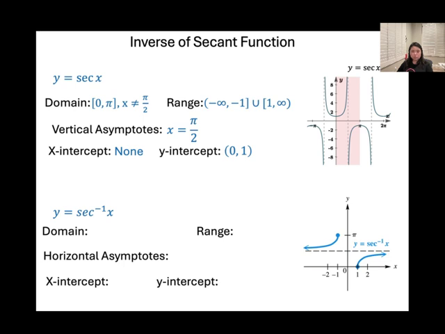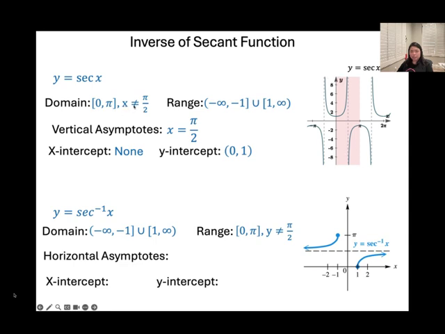Okay, what is the inverse function of the secant x? What is the domain? You could copy it from the range here, right? That will be my domain. And then the range, I'm gonna copy from the domain here. We only need to change that. For y equal to secant x, we do have the vertical asymptote, x equal to pi over 2, right?